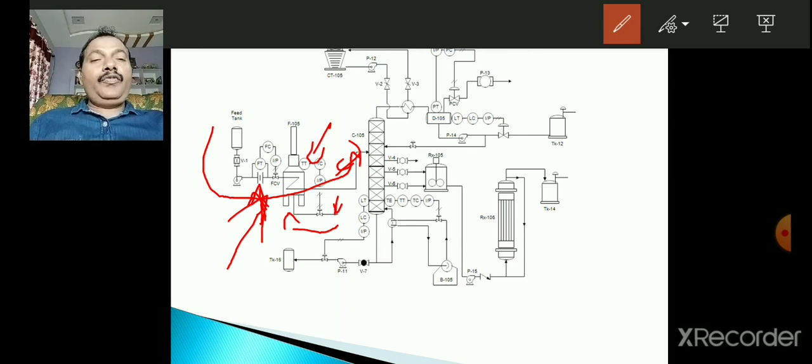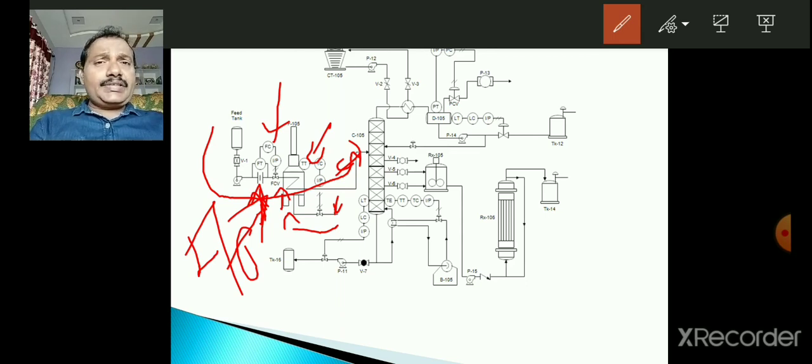Here, the flow transmitter measures the flow of this crude oil into the heater section, and that flow rate is transmitted to the flow controller. The flow controller, according to the set point, will regulate the flow and issues a control signal to the control valve here. Before that, the electrical signal is converted to a pneumatic signal with the current to pressure converter. This is I by P, the current to pressure converter.